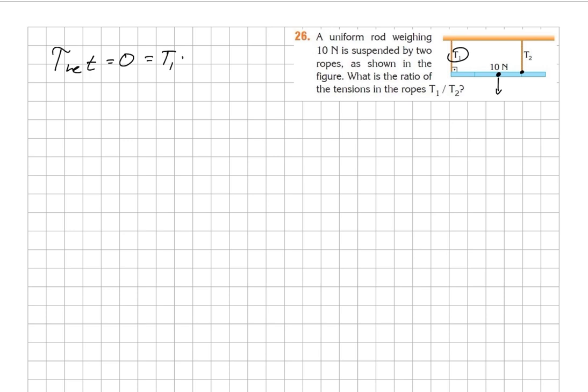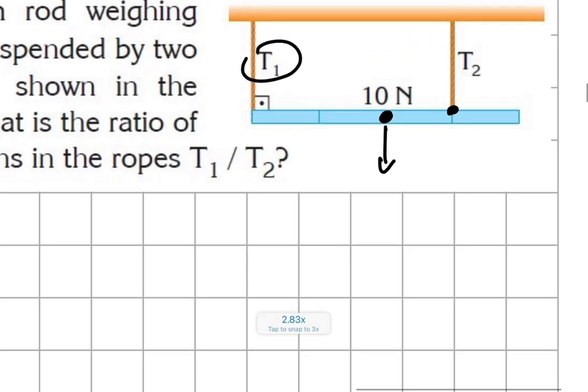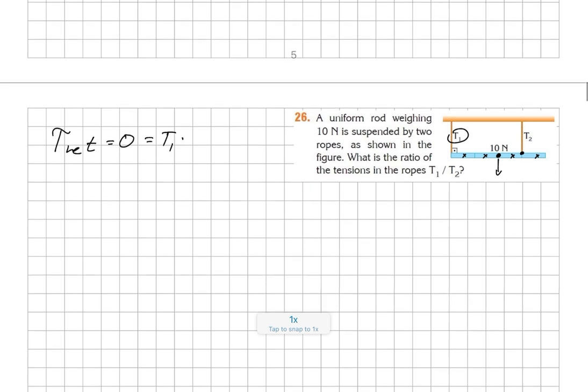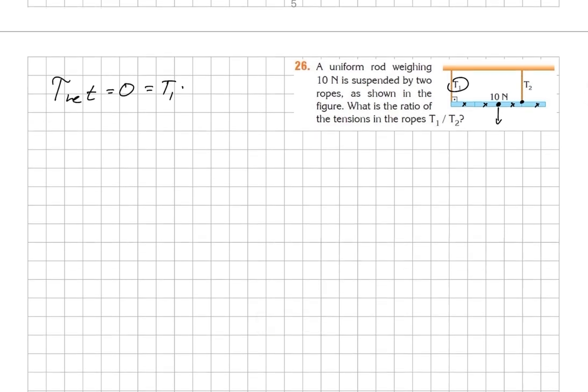Here the beam is divided into 4 equal parts, and let's assume them as x. So torque net is equal to 0, equal to tension 1 times 3x, since it is 3x away from the pivot, minus the weight of the object, weight times x, just x distance away from the pivot.